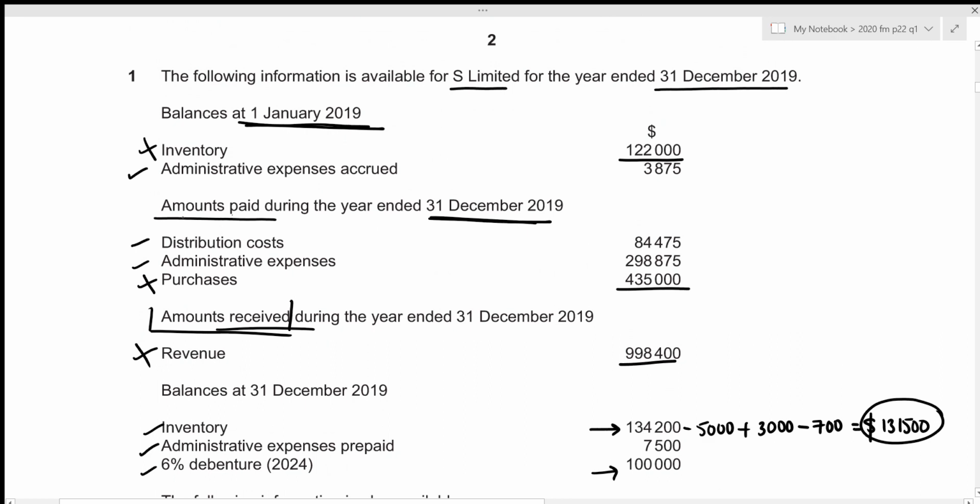We can see that the very first expense that we paid out during the year was of distribution cost amounting to 84,475. And since this is the amount paid and not the actual distribution cost for this year, we need to adjust all of our accruals and prepayments to it. So let's have a look. We don't have any balances at 1st January 2019 representing distribution cost, and for the ending date we do not have any balance, which means that this actually represents the distribution cost for the year, which can be included in our income statement.